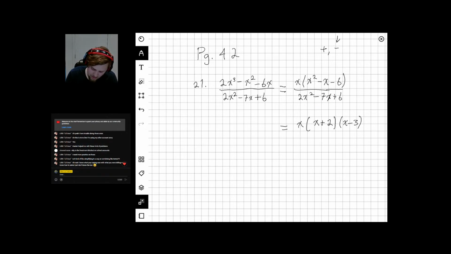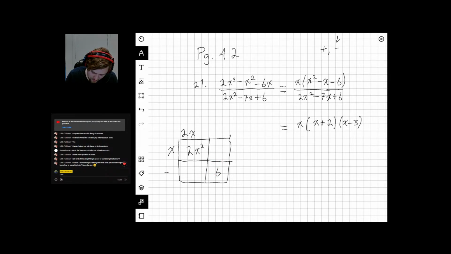And you can FOIL that out to confirm that is a correct factoring. This one's a little trickier, so I'm going to go up here to my factor square and try and figure it out. So I've got 6, and I've got 2x squared, and I've got x. I need it to add up to negative 7x here, so I need to use the factors of 3 or 6 again.